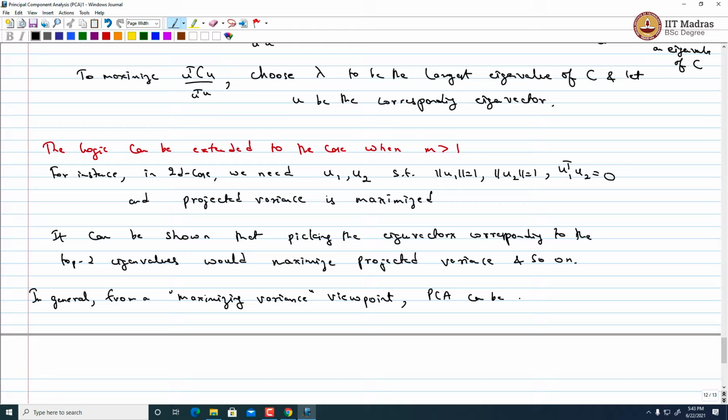PCA can be performed, PCA does pick the top m eigenvalues of the matrix C with corresponding eigenvectors.